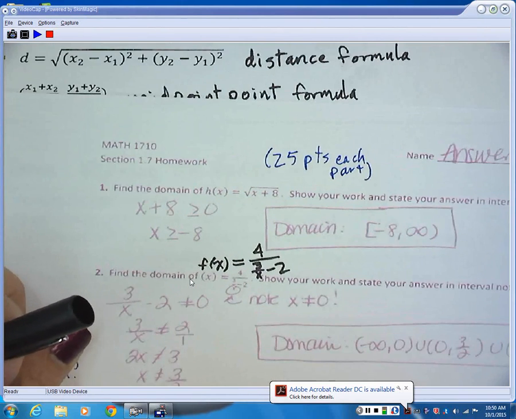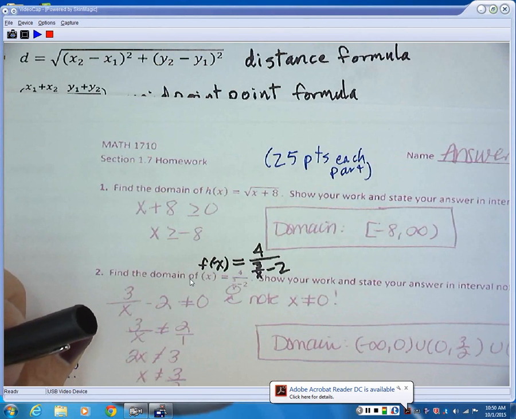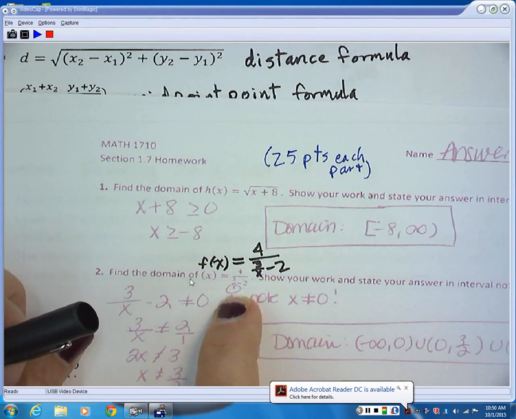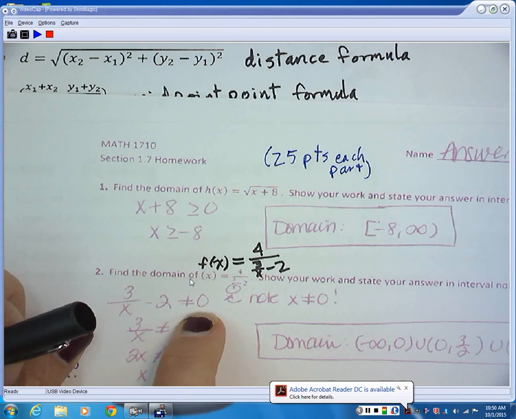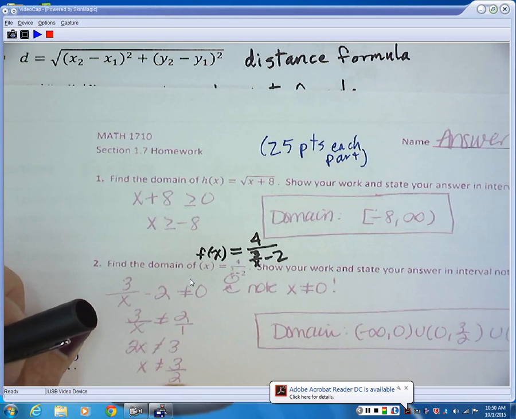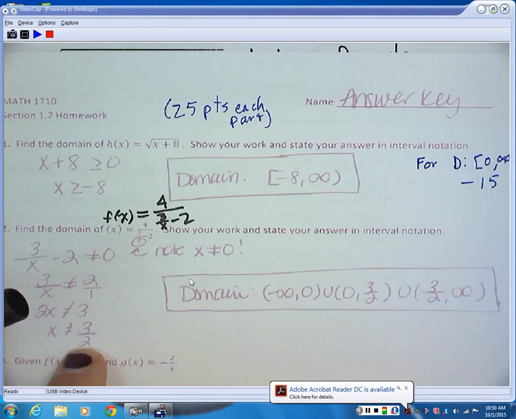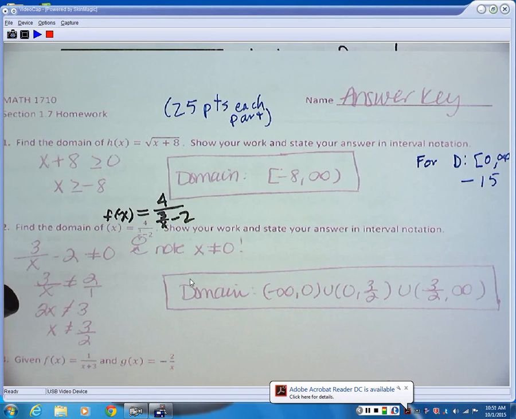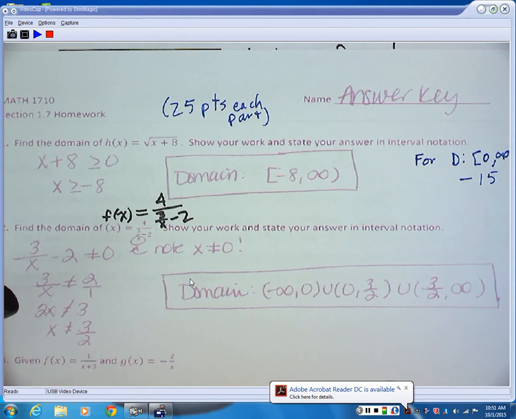They gave you the function already, they didn't give you an f of x and a g of x. So you can just look at that and say, you can't let x be 0 because you'd be dividing by 0. Then set your denominator to 0 and solve. You can't let x be that number either. And then write your domain in interval notation. If you guys need help with interval notation, I can post some extra notes on that. So let me know if you're struggling with interval notation.